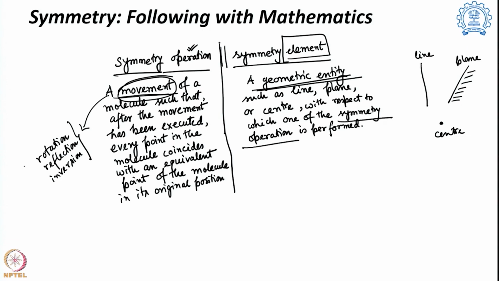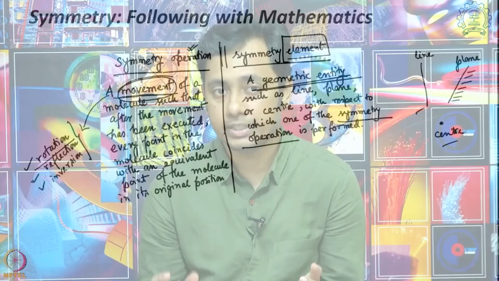Symmetry operation is this rotation, reflection and inversion we talk about. So, we have to do a rotation around what? We have to do a reflection against which particular thing? Those come from this line, plane or center. Symmetry operation and symmetry element are different things by definition, but they combine together because we perform a symmetry operation against a symmetry element.